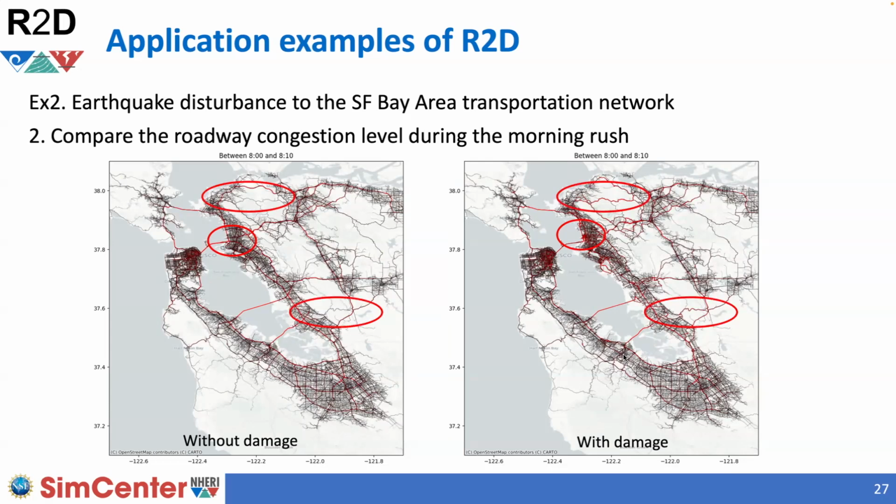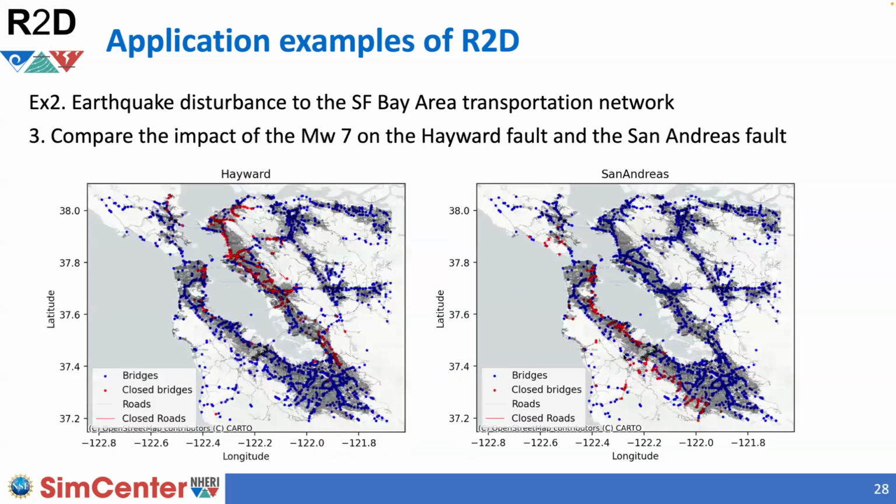I also compared the disturbance of this magnitude 7 earthquake event on the Hayward Fault with another earthquake scenario with the same magnitude. The second earthquake scenario happens on the San Andreas Fault. The San Andreas Fault is on the west side of the San Francisco Bay Area, so it goes across essentially downtown San Francisco.